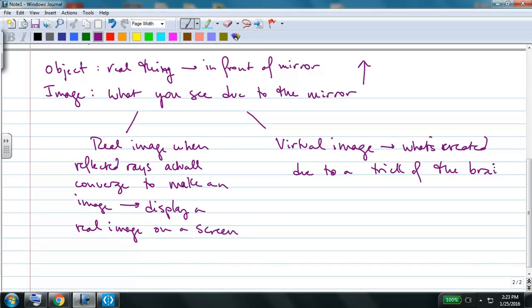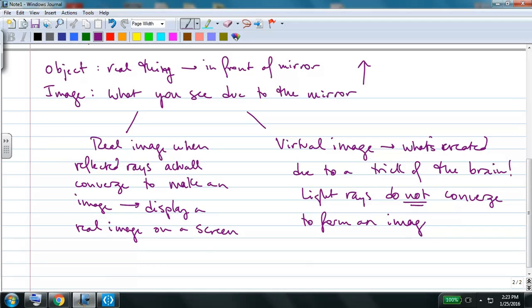And let's say it's a trick of the brain, mind, whatever. Okay, the light rays do not converge to form an image after reflecting. We just think they do.